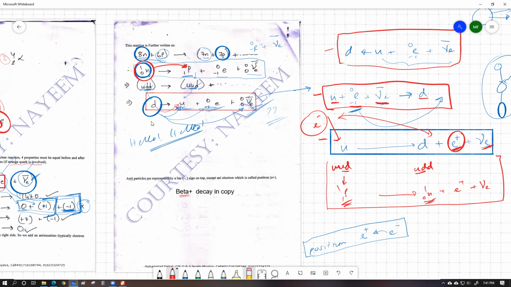As the equations represent, by this reaction, one proton converts into one neutron. Full stop.